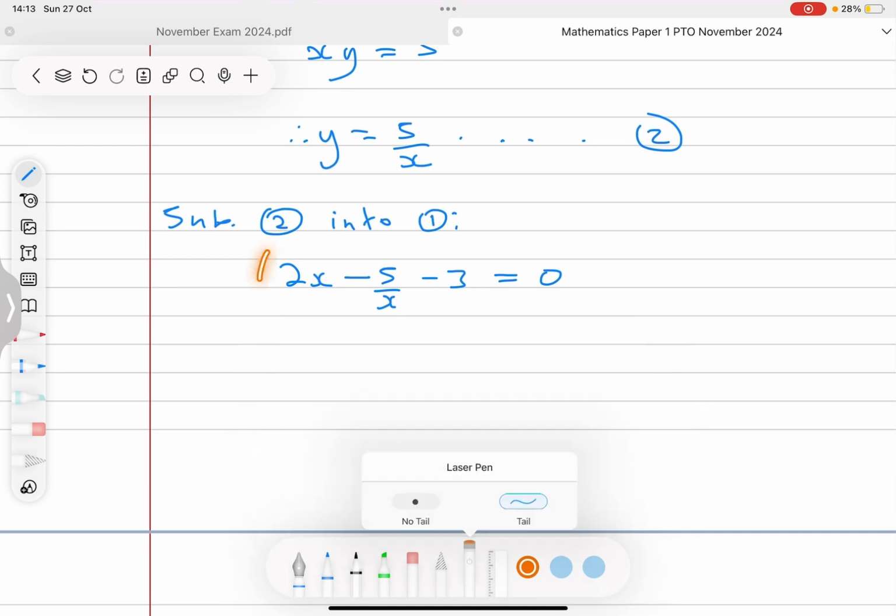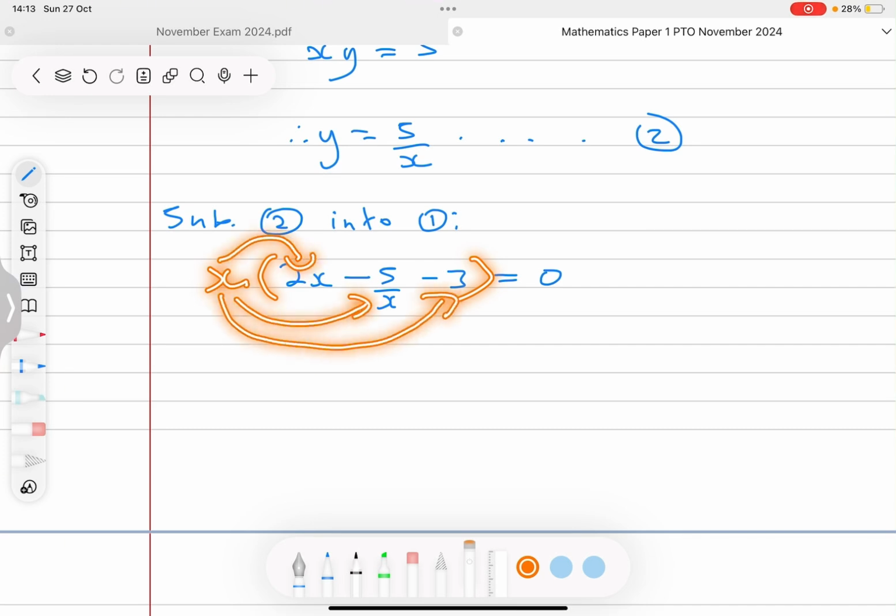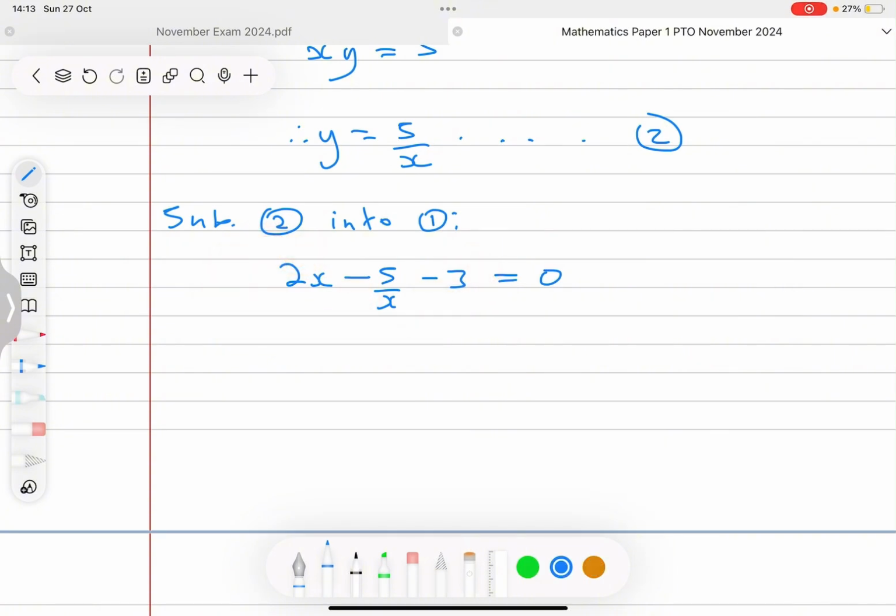Remember that if I multiply by x here, it multiplies each term. So I'll multiply them one by one without writing them. Remember that this question will be long if you write all the steps. You need to save time, right?